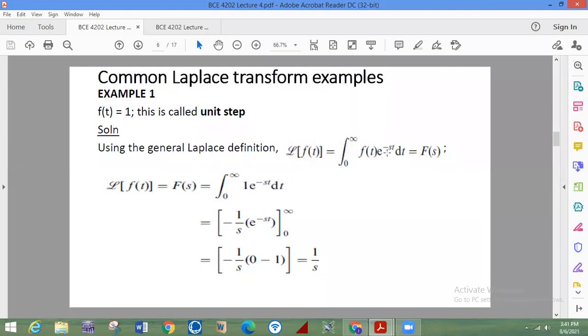Then e to the power minus st remains, then dt. So we are going to integrate this whole component from 0 to infinity. When we do the integration and we put in the limits, we are supposed to come to this. Is that okay? I beg to move forward.